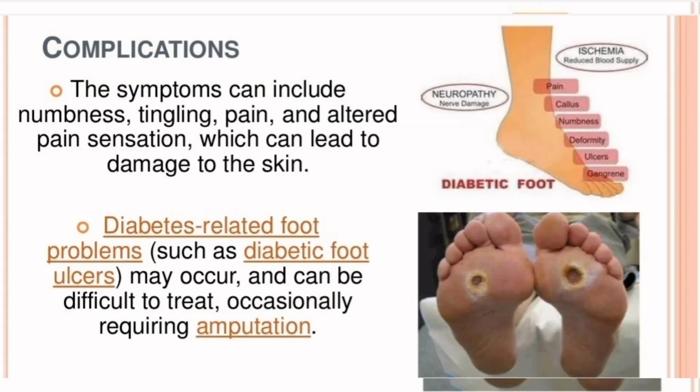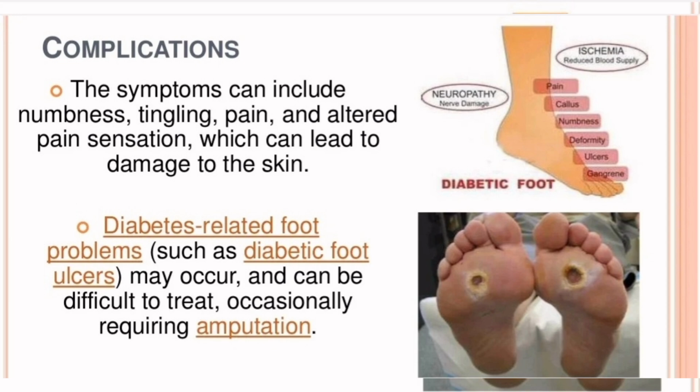The symptoms of nerve damage can include numbness, tingling, pain, and altered pain sensation, which can lead to damage to the skin. Diabetes related foot problems such as diabetic foot ulcers may occur and can be difficult to treat, occasionally requiring amputation.